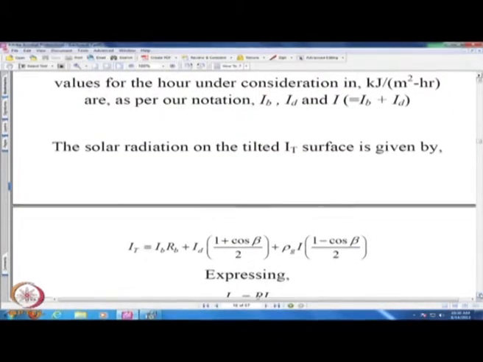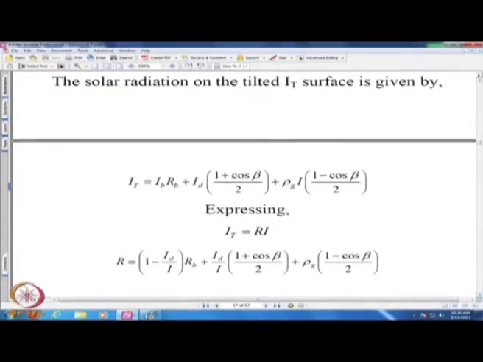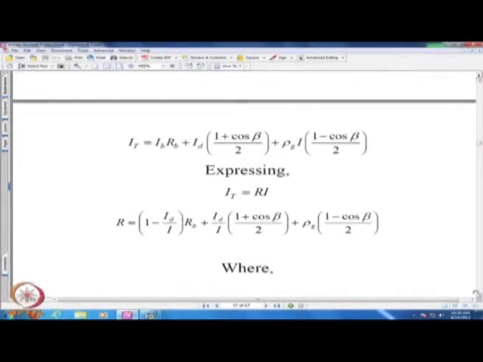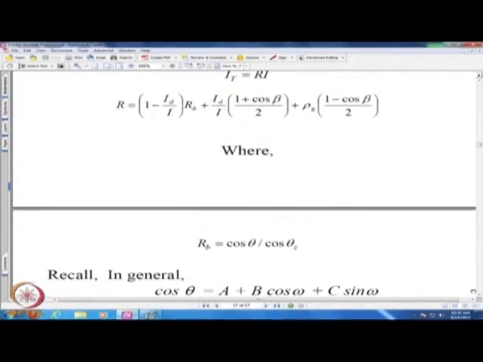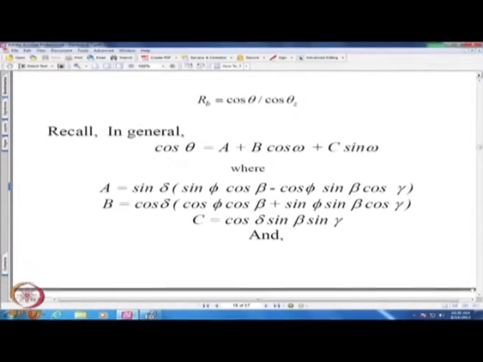This of course, now the expression to calculate the solar radiation received by a tilted surface comprising of the direct radiation plus the sky diffuse radiation plus the ground reflected radiation. Again, overall factor R can be written in terms of the diffuse fractions, where of course R b is this much and this is a repetition.